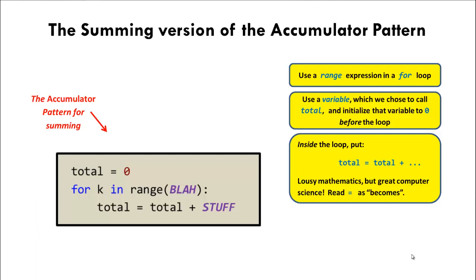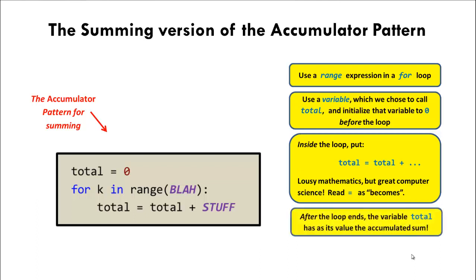Third, inside the loop, we write a statement of the form total = total plus some stuff, where some stuff is the next item of whatever we want to accumulate in our sum. Then, after the loop ends, the variable total will have as its value the accumulated sum.